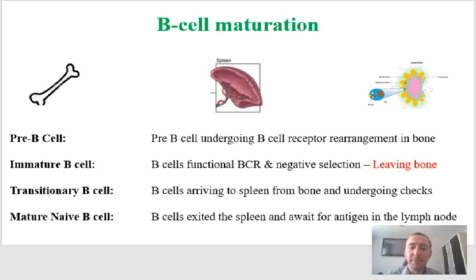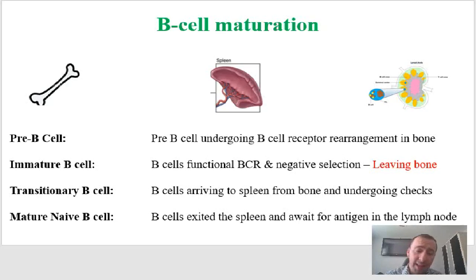As I said before, each individual mature B cell will have its own unique version of that gene. So that's what happens during the pre-B cell stages of maturation. It undergoes that process of B cell receptor gene rearrangement.